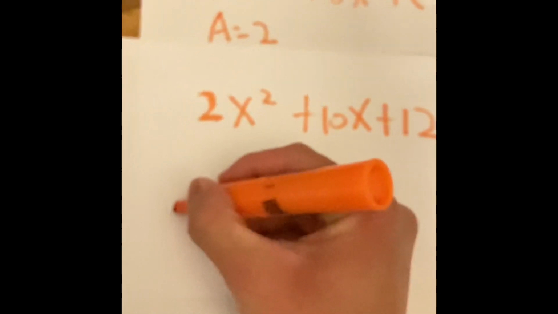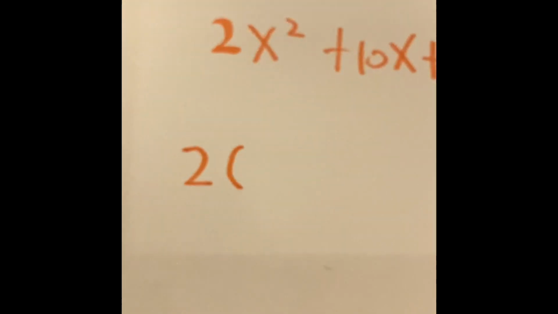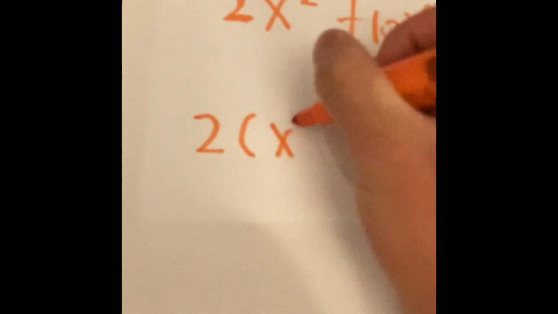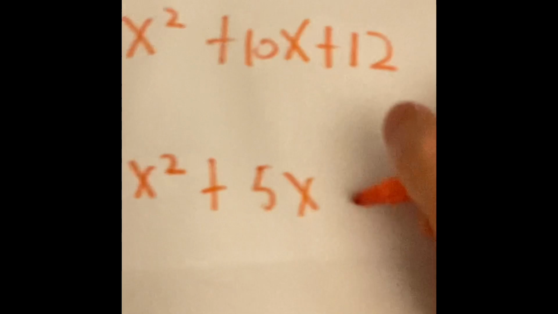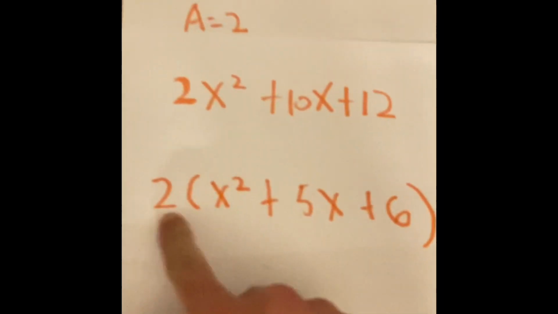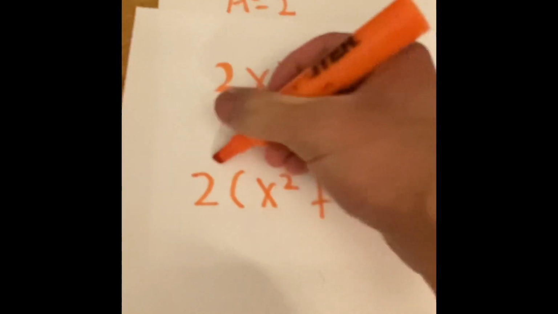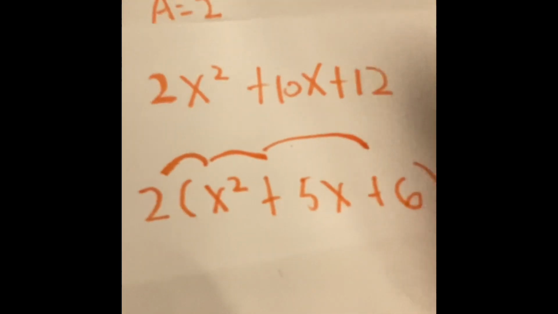So when we factor out the 2, you have 2 in parentheses, x squared plus 5x plus 6. Because when you distribute, that 2 is multiplied by that, that by that, and that by that.